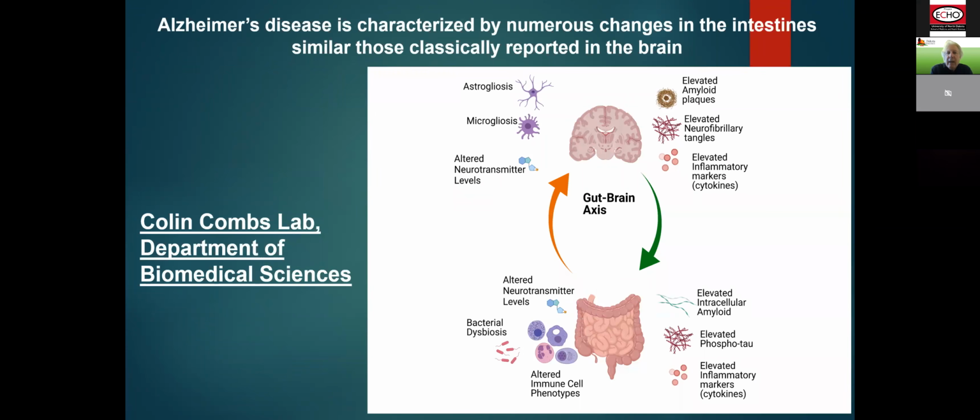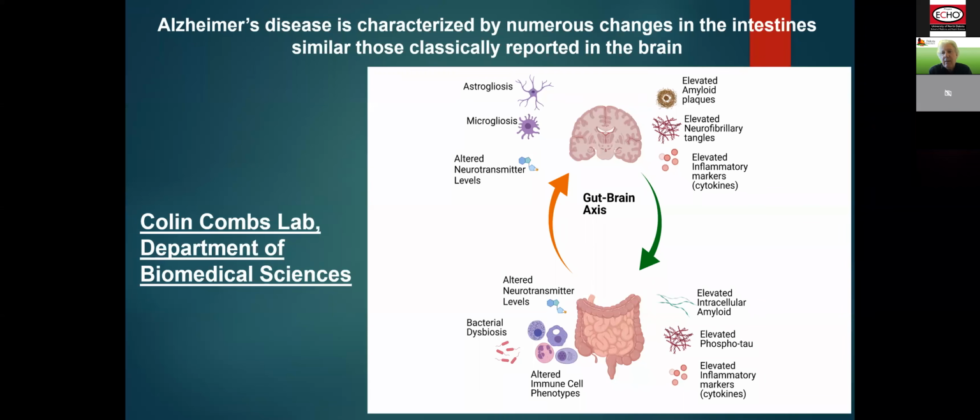I wanted to point out that Dr. Colin Combs, who's the head of biomedical research at the medical school, has made a very fascinating discovery. I don't know if it's a you-are-what-you-eat phenomenon, but he found that he can manipulate the bacteria in the gut and either accelerate or reduce the Alzheimer's model that he sees in mice.